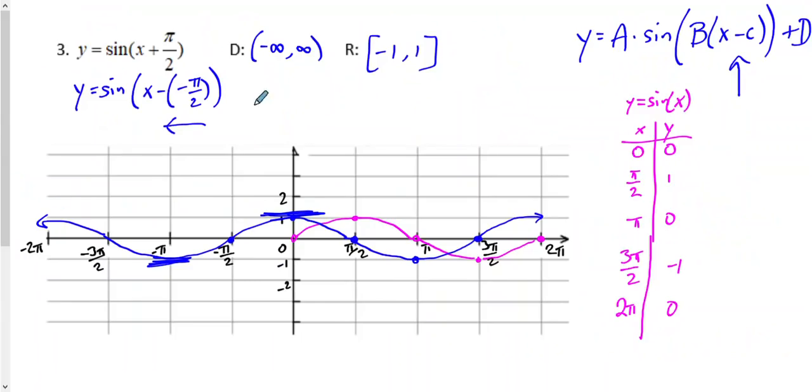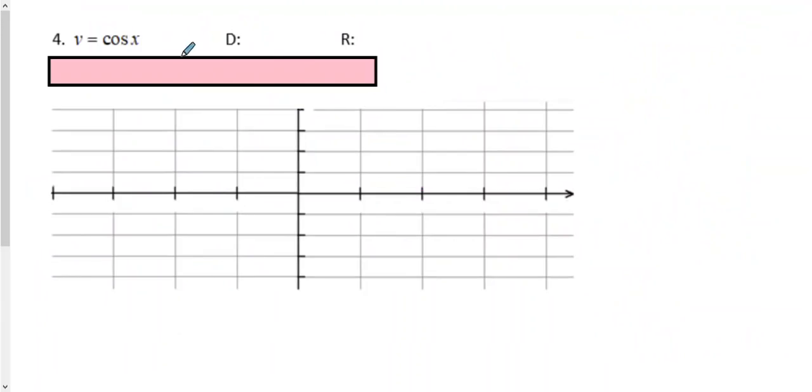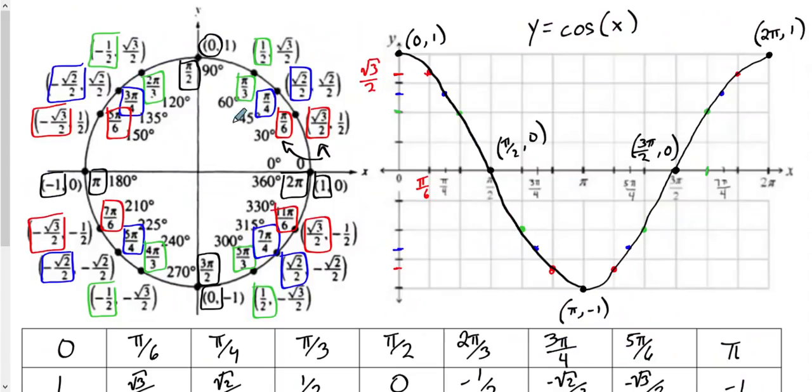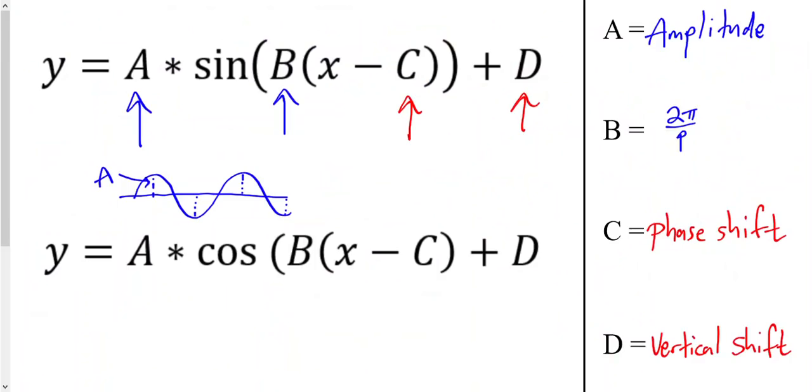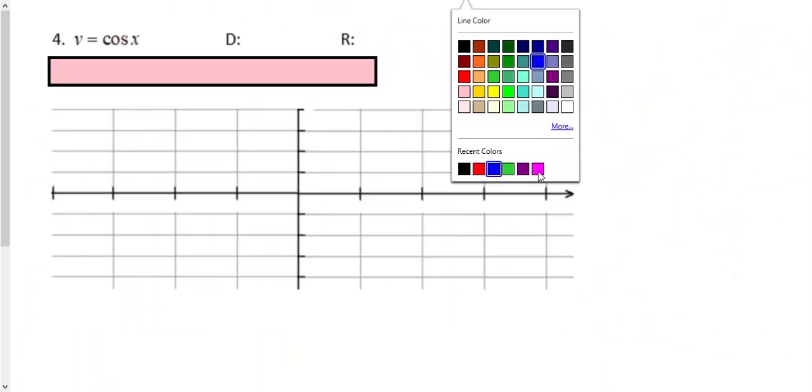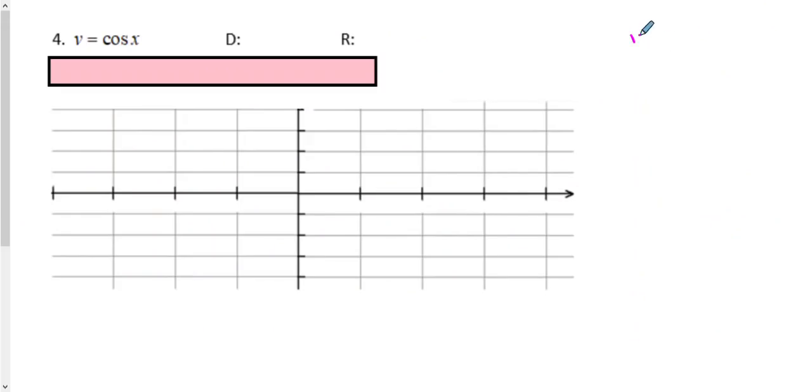Okay. So we have looked at a phase shift. Let's look at a couple examples with cosine. Let's go back to our cosine. We're going to lift these 5 points as our reference. Okay. So over here. And we'll do it in pink because I like pink. Y equals cosine of x.